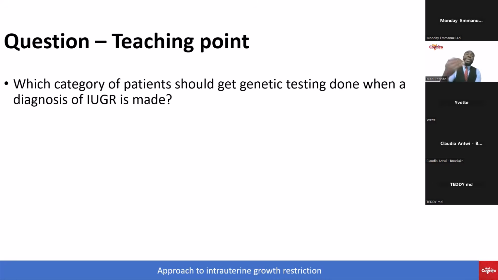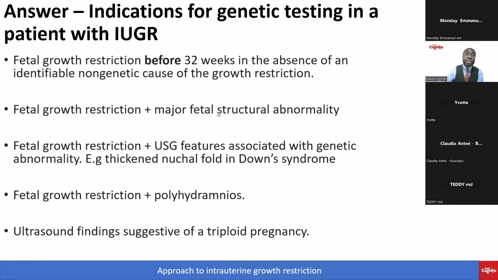Look, in your exam, it's not everything that you just go like, yeah, the patient needs genetic testing, especially in Canada. There are situations which should cause you to say, okay, I'm going to do genetic testing in this particular patient. What are some of them? Number one, fetal growth restriction with IUGR before 32 weeks in the absence of an identifiable non-genetic cause of growth restriction.